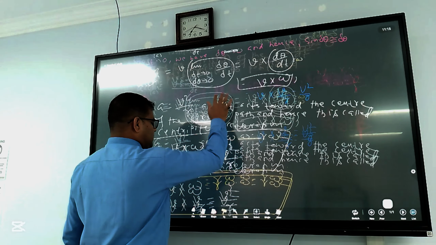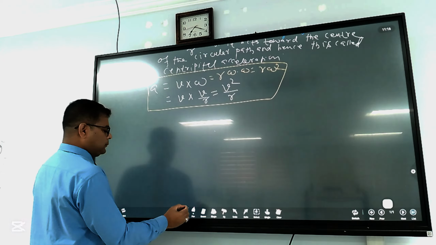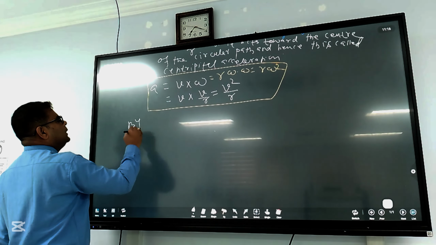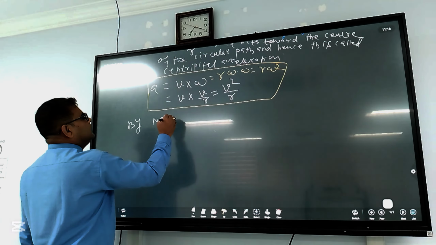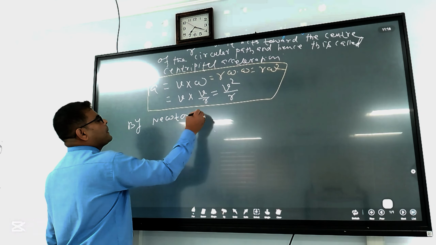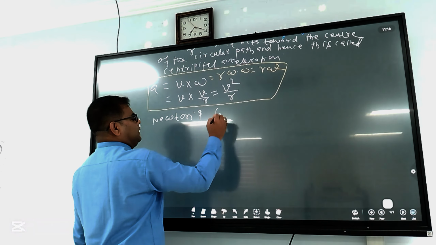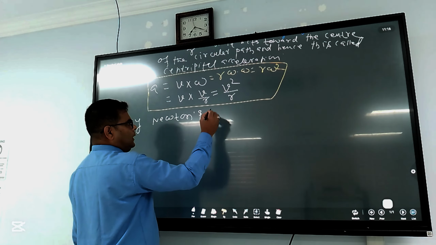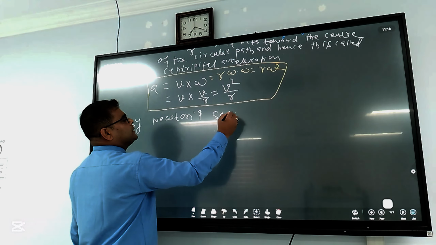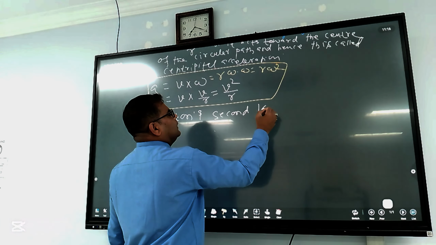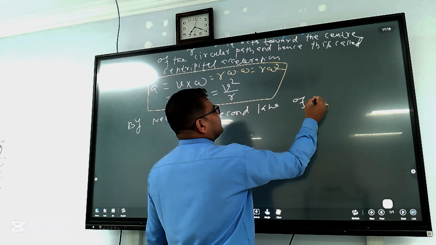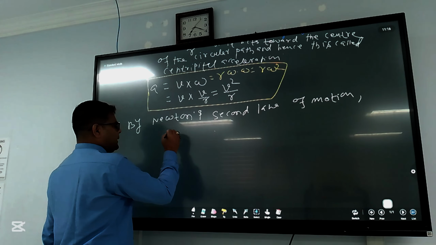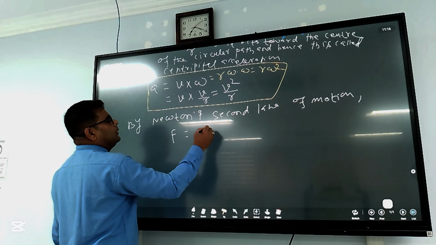So by Newton's second law of motion, you know that F equals ma.